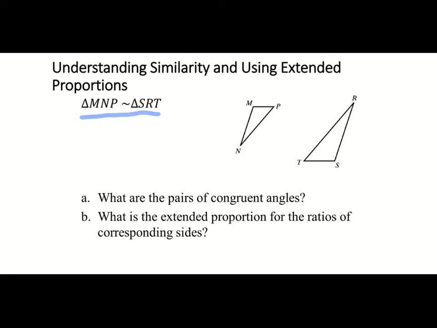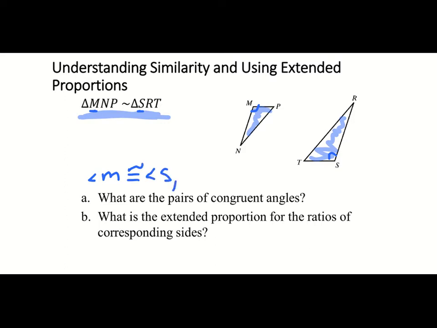So even though my two triangles are not oriented the same way, I can find out corresponding angles by using the naming of the two triangles. For congruent angles, angle M is going to correspond to angle S. So we'll say angle M is congruent to angle S.